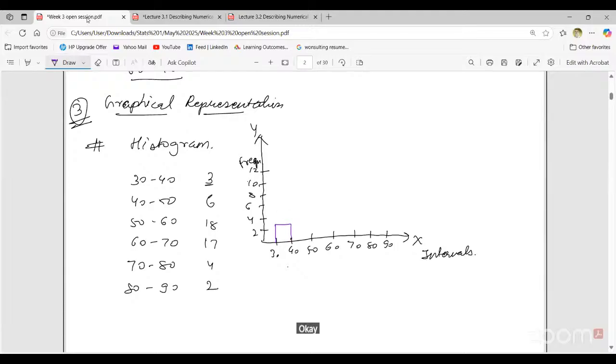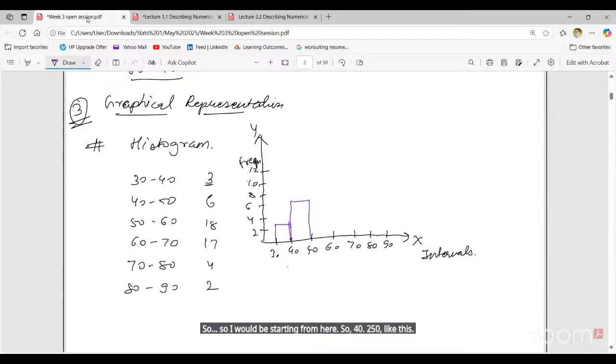From 40 to 50, what is my frequency? 6. So, 30 to 40 would be 3, starting from here, and 40 to 50 like this.